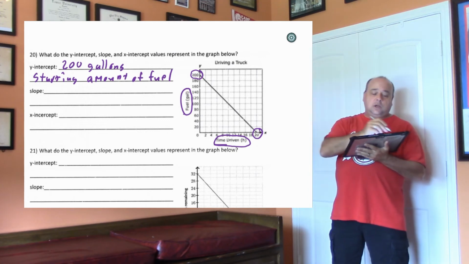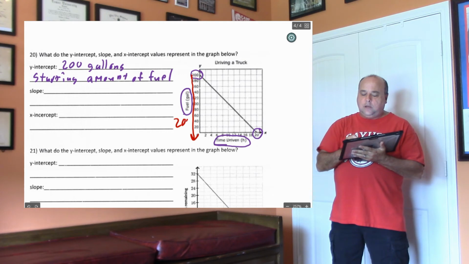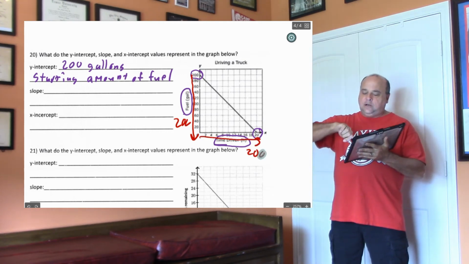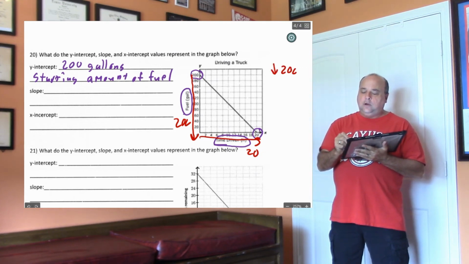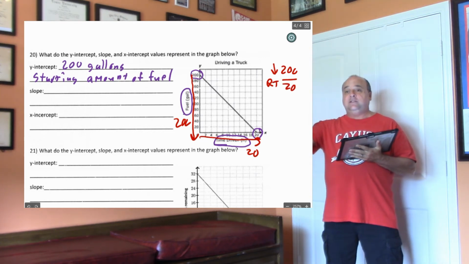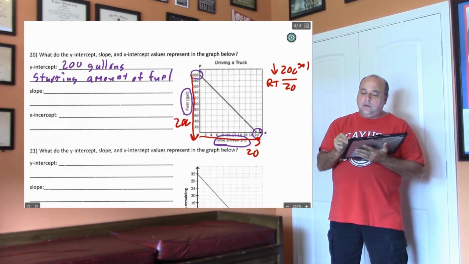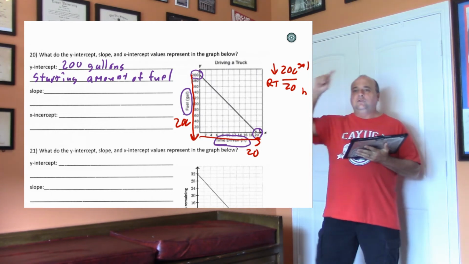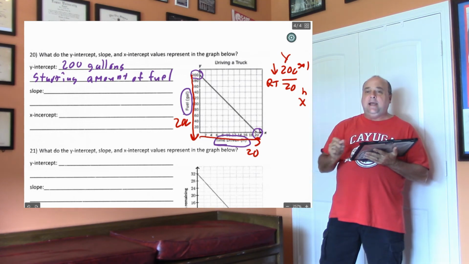Now then, let's get our slope. This is the way I would get the slope. The slope goes down 200, and it goes to the right 20, doesn't it? If it goes down, it's negative, right? And that goes down 200 gallons over 20 hours, right? That's my y, this is my x.